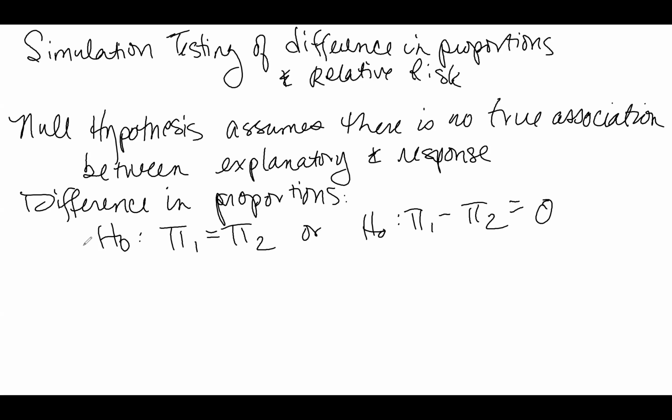And then for the alternative, with any alternative, we always look at the relationship between our parameters. And it's either greater than, not equal to, or less than, dependent on our research question.